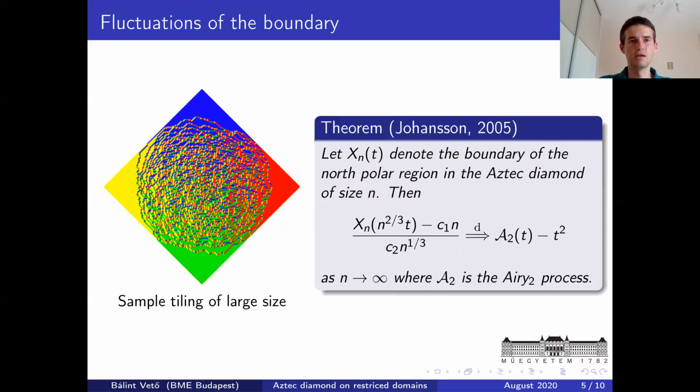I mean, we take horizontally a piece that has size n to the 2/3, and the fluctuations of this curve are of order n to the 1/3, that we divide by, and in this way we get a limiting process. The convergence is in a pretty strong sense, because it is a process convergence in distribution.